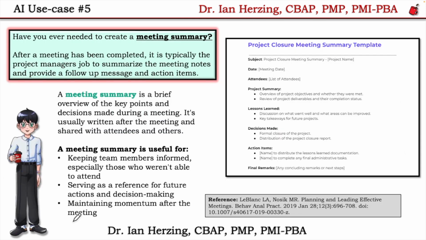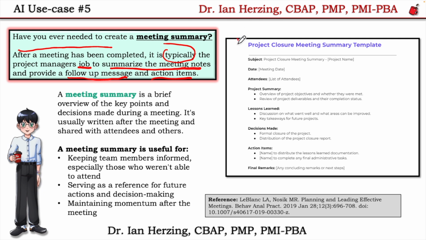So let's talk about what I mean by a meeting summary. After a meeting has been completed, typically the project manager is tasked with the duty to summarize those meeting notes and provide a follow-up message and action items, okay?